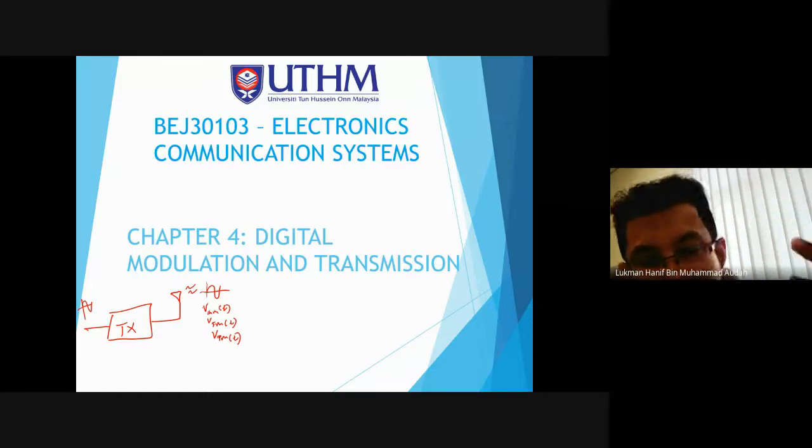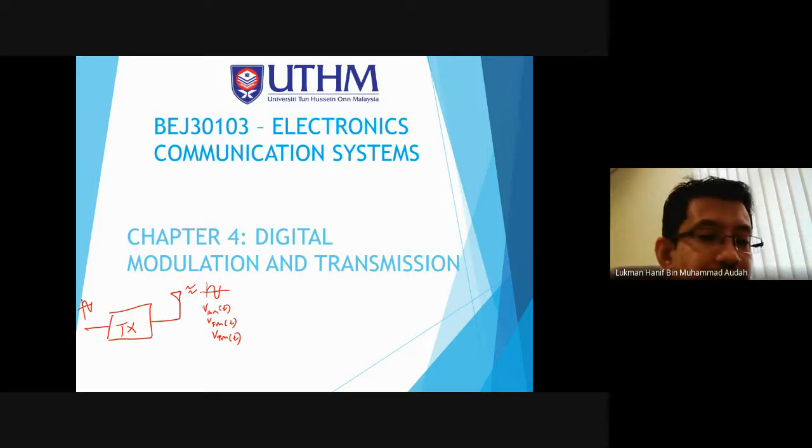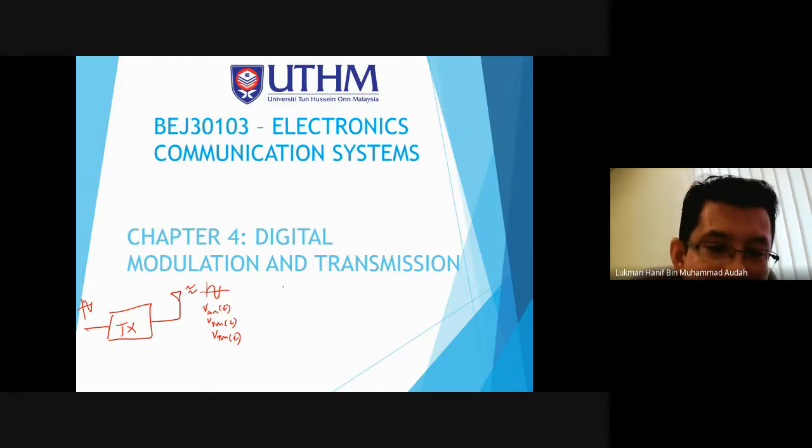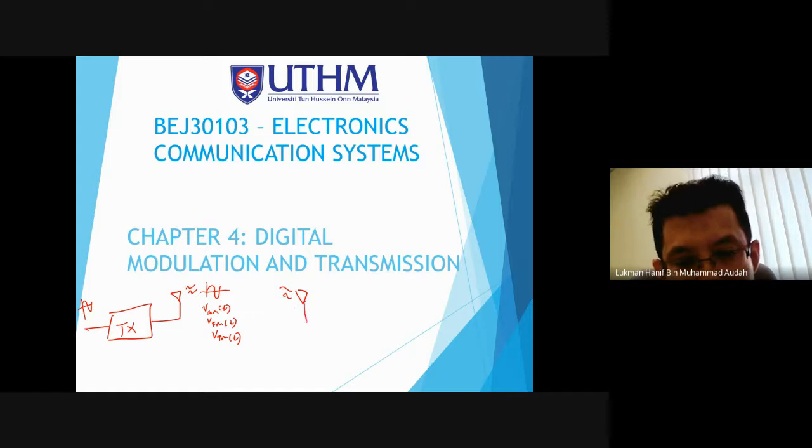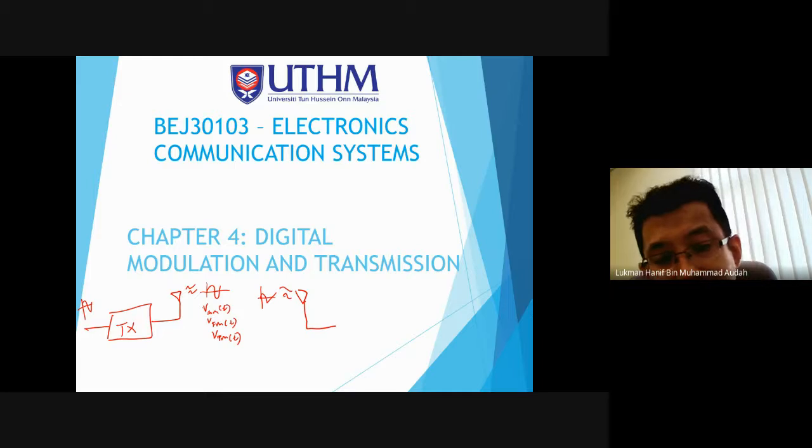Kita proses analog signal dan kita hantar signal dalam bentuk analog, dalam bentuk gelombang elektromagnet. Apabila signal itu sampai kepada receiver, of course kita terima analog juga.